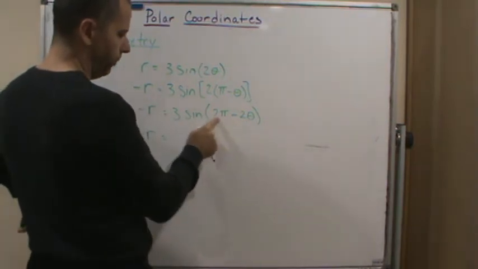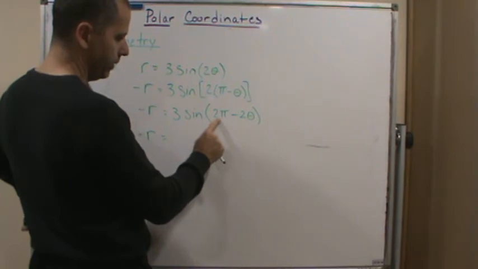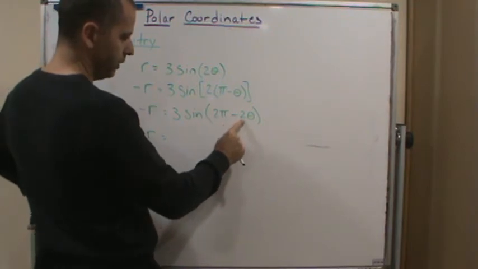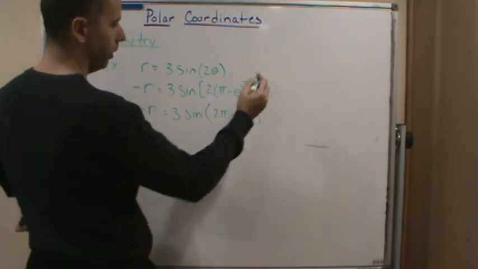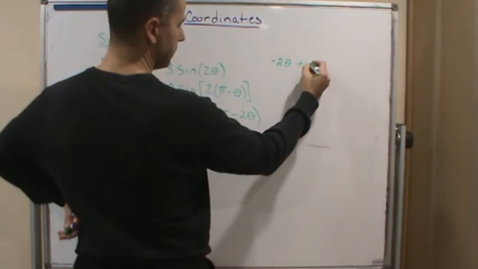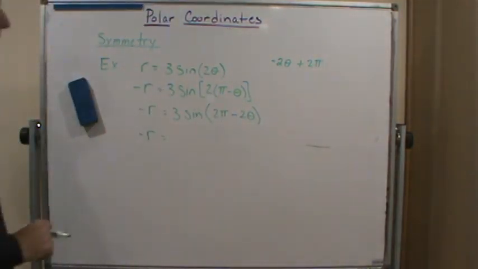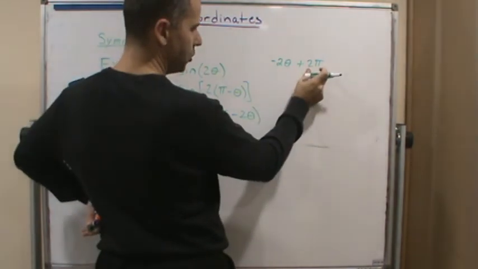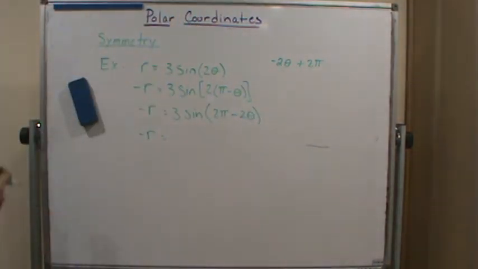Looking here, though, what do I got? I got 2 pi minus 2 theta, or in other words, negative 2 theta plus 2 pi. Well, if I add 2 pi, isn't that just the same as negative 2 theta?